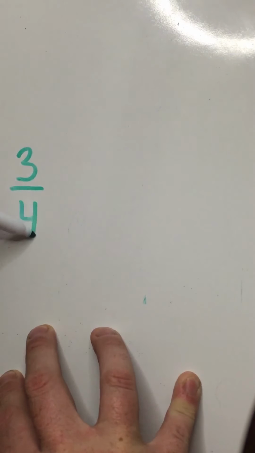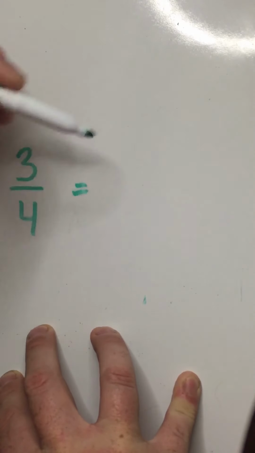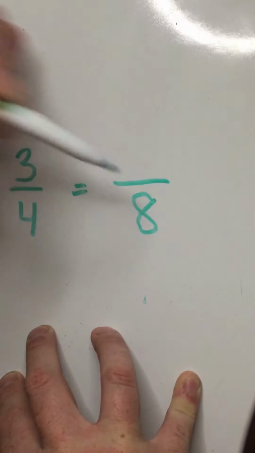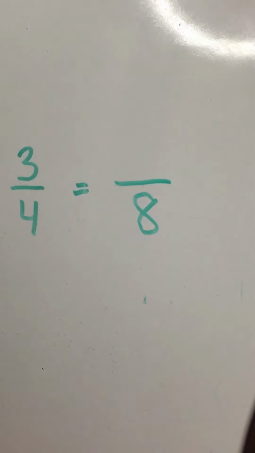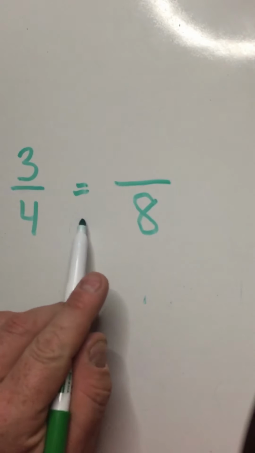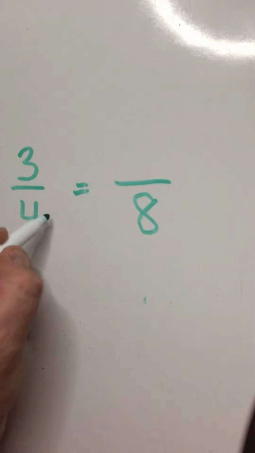Let me do another one. Feel free to rewind me as many times as you need to, guys. What if I had 3/4 here, and I want to make it something over 8? 4 times what will get me 8? Well, I think it's going to be 2 again, isn't it?